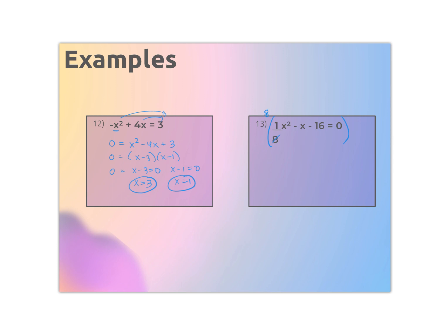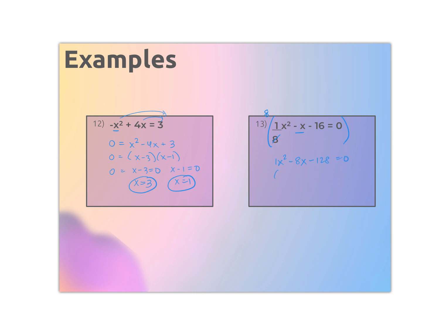And I'll just end up with 1x squared. If I multiply the minus x by 8, I get minus 8x. And if I multiply the minus 16 by 8, I'm going to get minus 128. Okay? And then now I have to factor this.